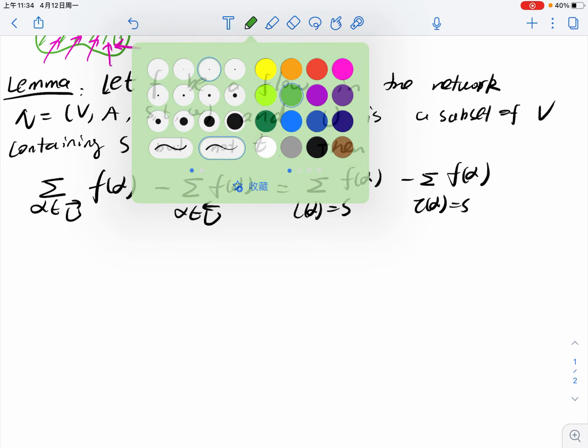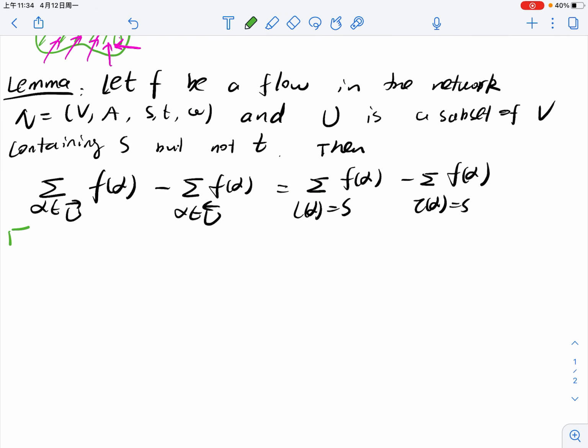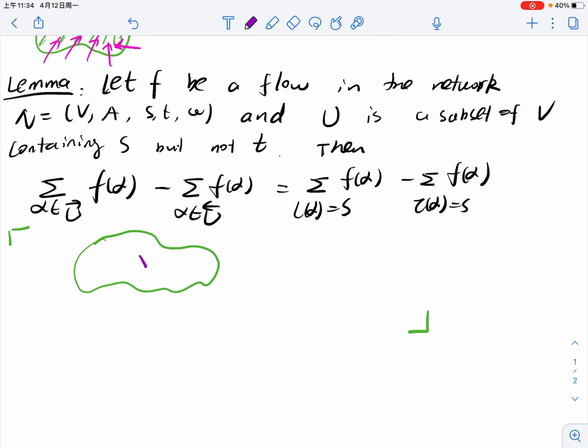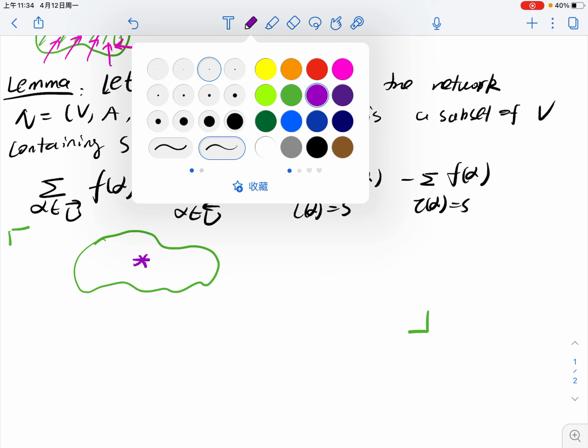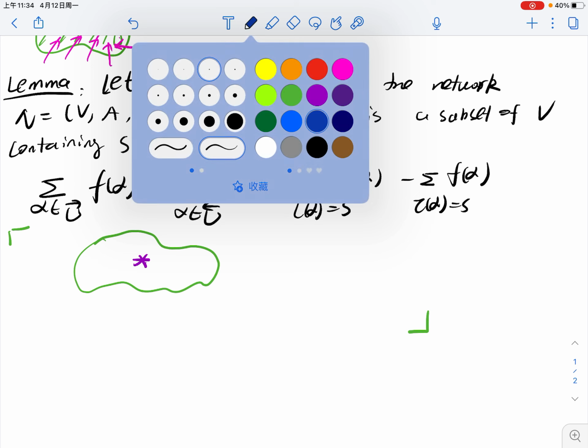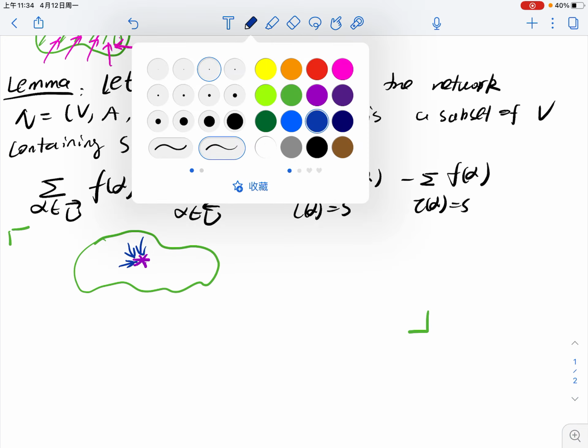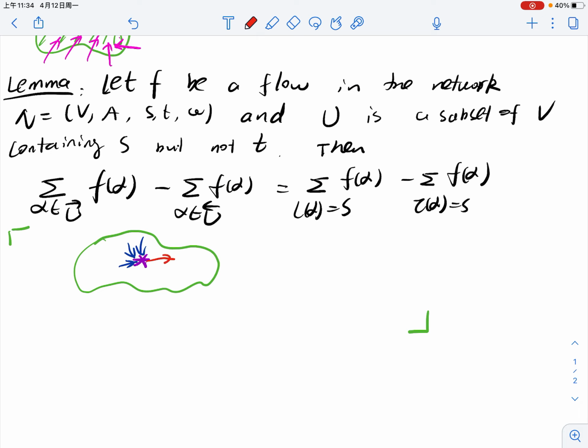And if we consider the picture, it will be quite obvious. Suppose here you have a source, and for the source you have flow lines in and something out.